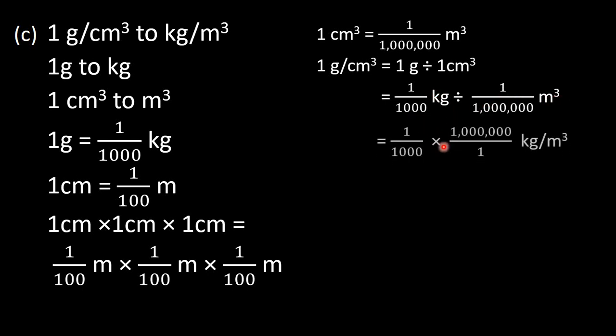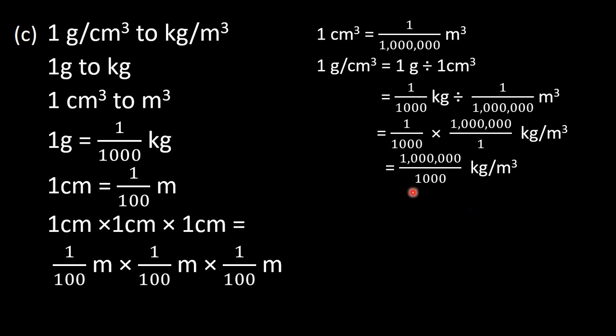So we shall have 1 over 1,000 times 1 million over 1 times the kilograms per cubic meter. If you divide this, you shall have 1 million divided by 1,000 kilograms per cubic meter, which will give us 1,000 kilograms per cubic meter. So 1 gram per cubic centimeter is equivalent to 1,000 kilograms per cubic meter.